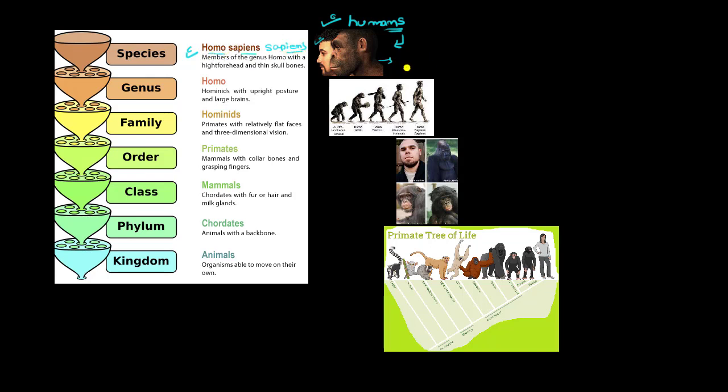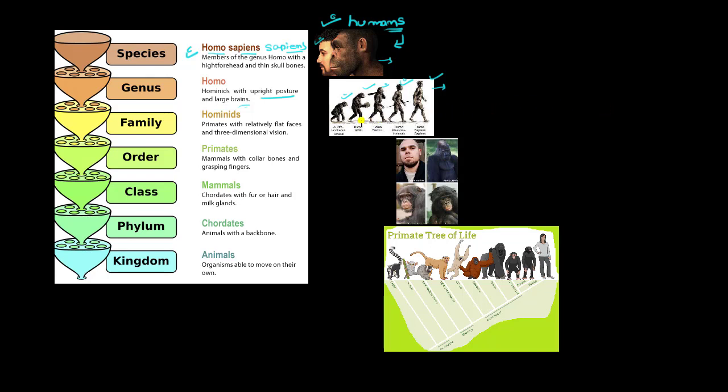Now, if we go for genus, the genus could be the same. All the similar kinds who have this upright posture and larger brains come into the same genus. For example, as you can see, this is us. This is kind of an old us. Remember, at first we used to be like this. The upright posture was there, though now we have a very straight upright posture.